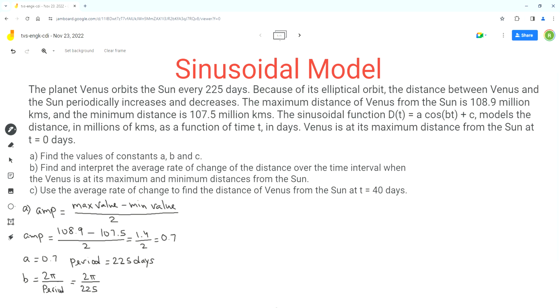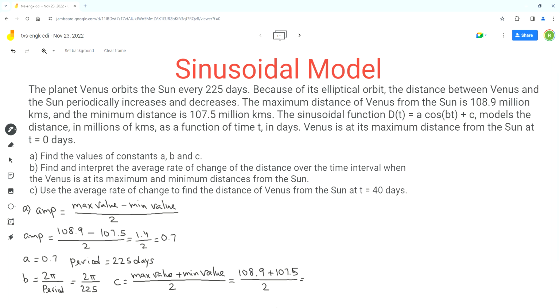Now we can calculate the C value. For the C value we can use a formula, and the formula is the max value plus the min value divided by 2. So it's 108.9 plus 107.5 over 2.